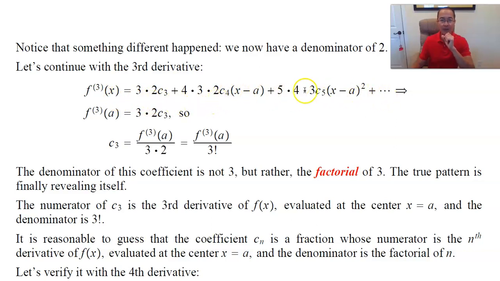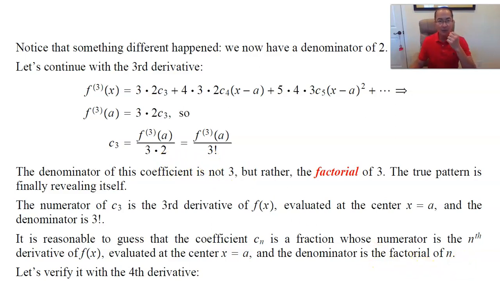Once again, these will all go away, and we are left with 3 times 2, or 6 c3. And so c3 is the third derivative at a, divided by 3 times 2, 6, which is 3 factorial. Okay, the denominator is not 3, but 3 factorial.